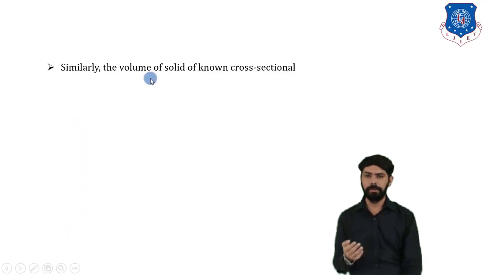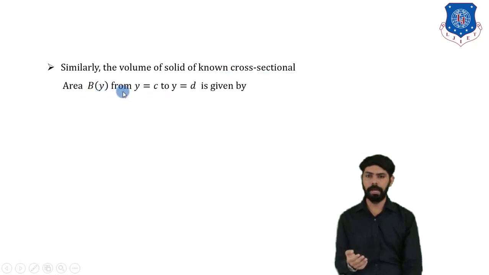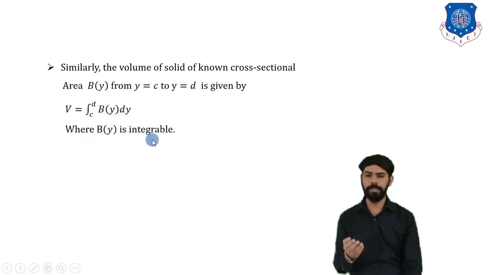Similarly, the volume of a solid of known cross sectional area A(y) from y equal to c to y equal to d is given by volume V is equal to the integration from c to d of A(y) dy, where A(y) is integrable. So this is how we can find out volume by the slicing method.